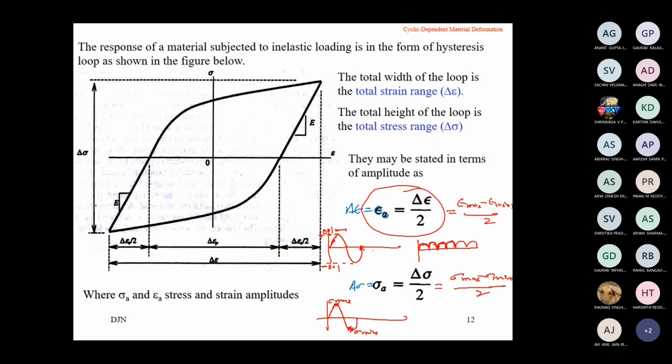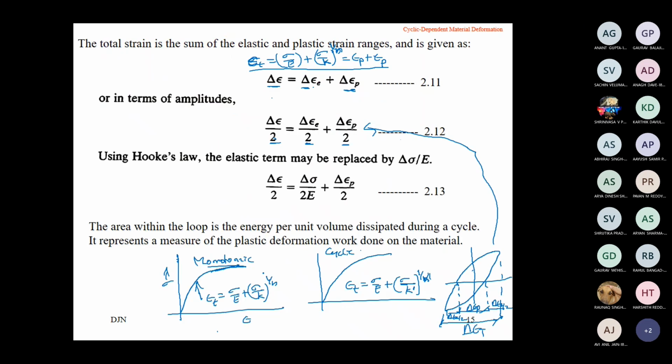Similarly, delta sigma by 2 is the amplitude, half of the range. This together is the delta epsilon. Half of that is the amplitude, epsilon A. So that is what is written here.